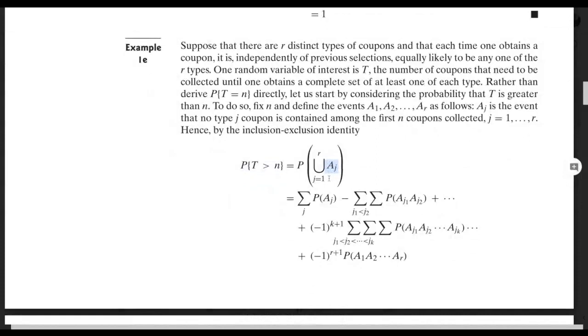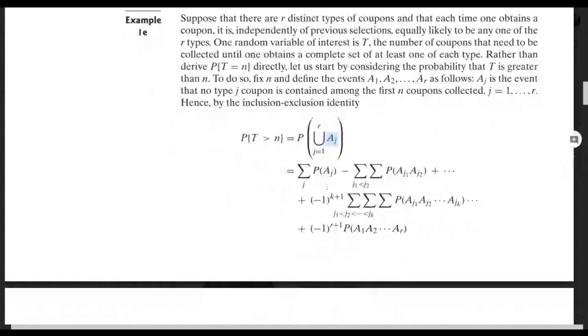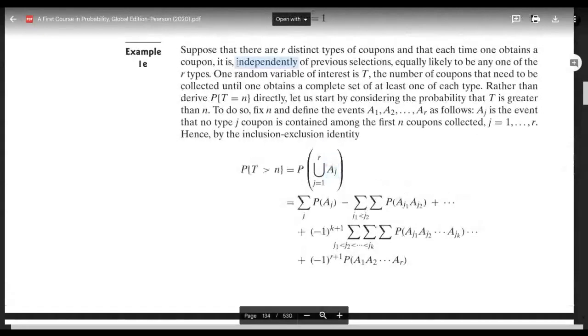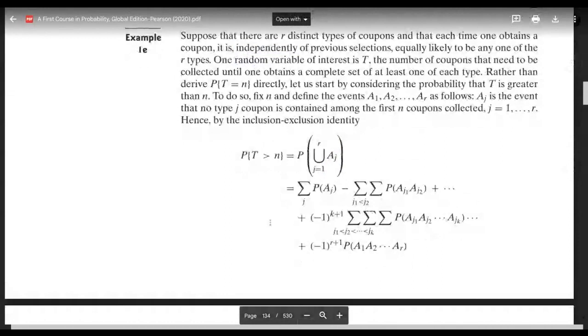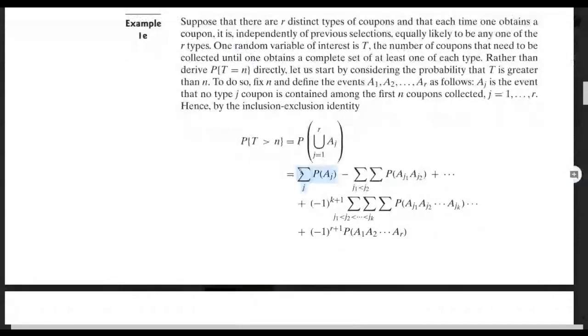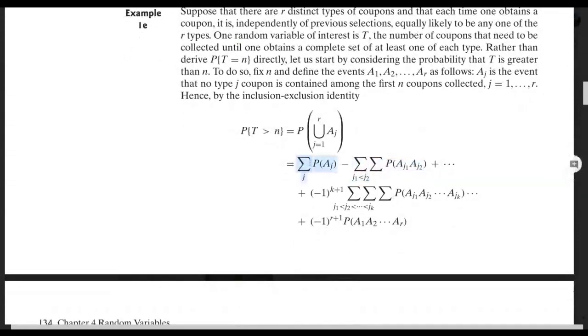The union of Aj, j from 1 up to r, which is because each selection is independent of previous selections. So it equals all this, then subtract the intersections. This is a formula from early on.